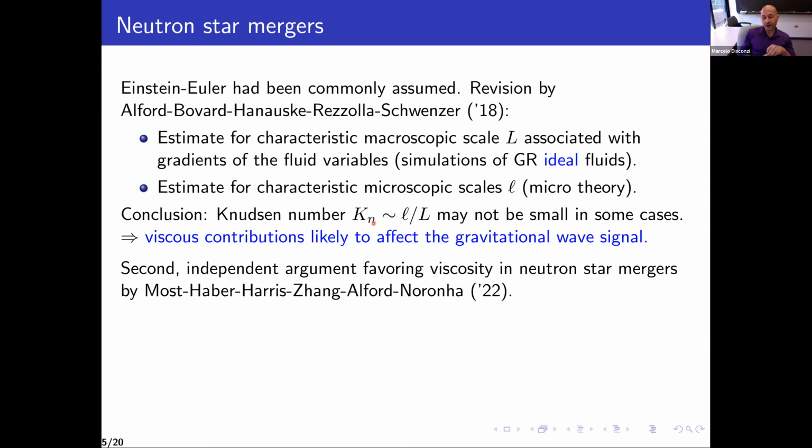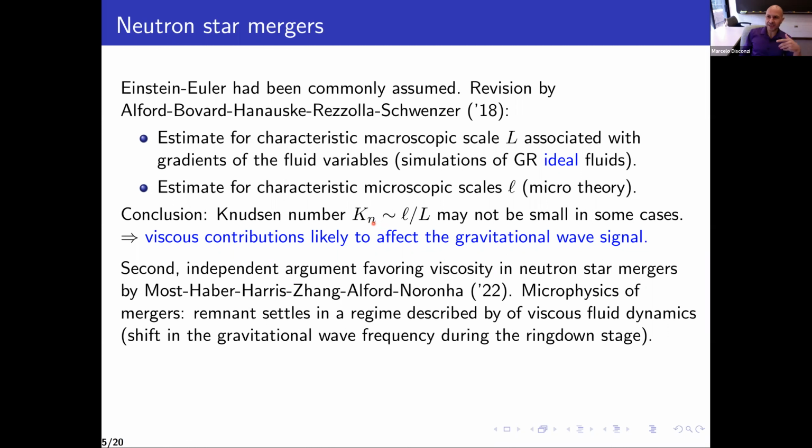More recently, a second independent argument favoring viscosity in neutron star mergers was obtained by Most, Harris, Hanauske, Zhang, Alford, and Noronha. They studied in much detail the microphysics of neutron star mergers. And what they find is that the remnant settles in a regime which is described by viscous fluid dynamics.